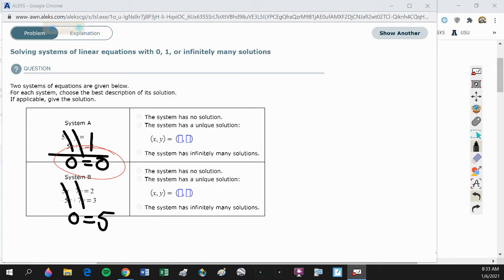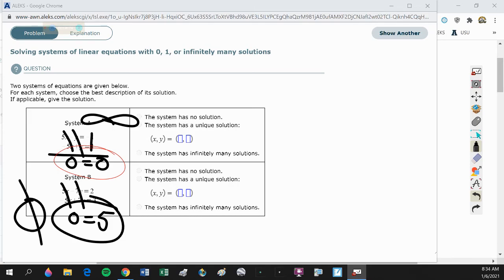0 always equals 0. So if the variables cancel and you get 0 equals 0, the answer is infinite solutions. Okay? If you get 0 equals 5 or 1 equals 7 or any other non-true statement, then that is no solutions.